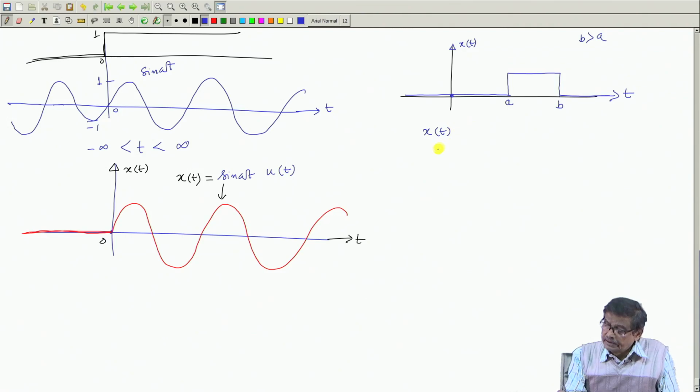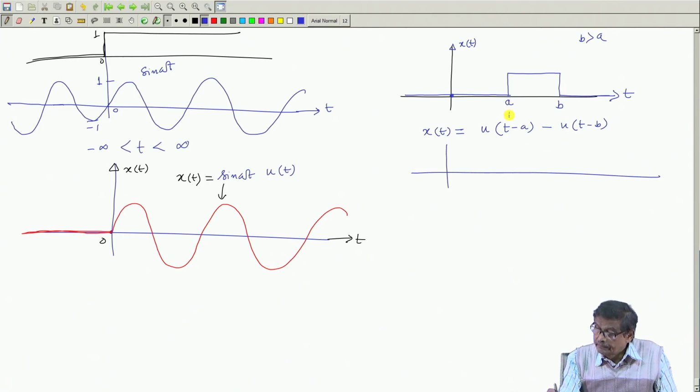can be easily shown to be u t minus a, then minus u t minus b, because u t minus a is this signal.